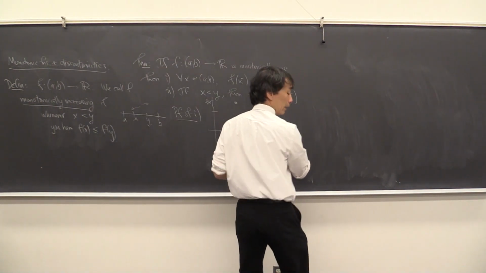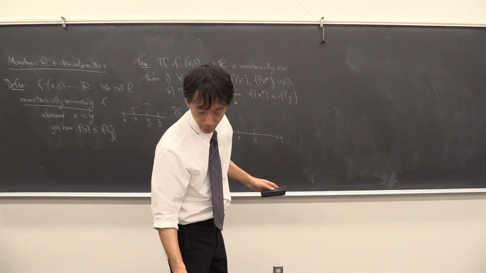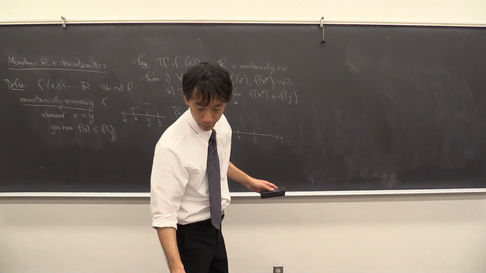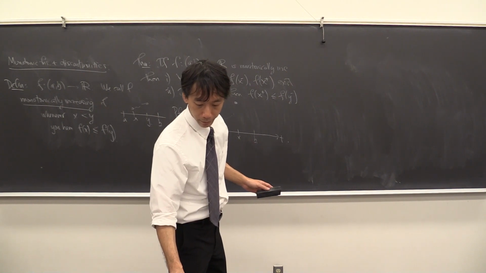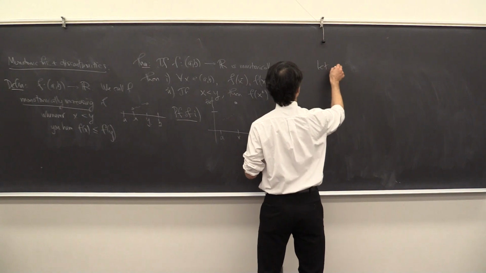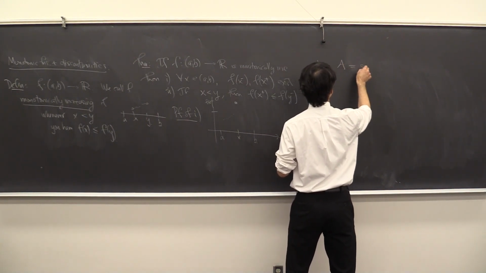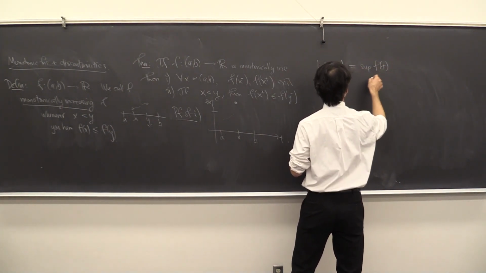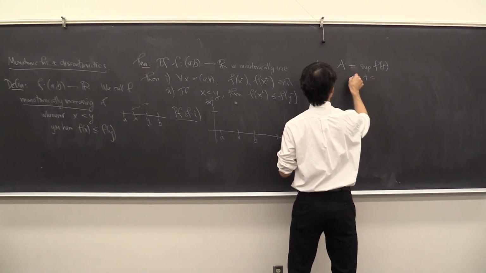So what you do is you say, let A denote the supremum of all the values of f of t where t ranges between a and x.